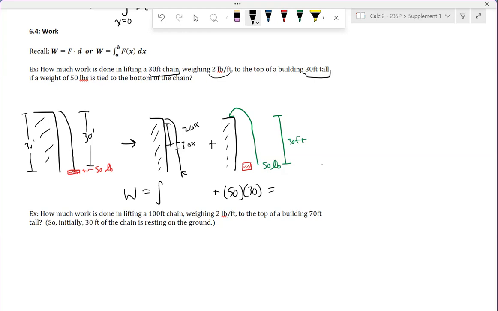And if delta x is fairly small, well, the top and bottom of the chain basically have to move the same distance. So that has to move a distance, which we'll call x, where x could range from, if we take a chunk at the very top of the rope, near 0, to at the very bottom of the rope. This piece at the bottom of the rope has to move this entire 30 feet.